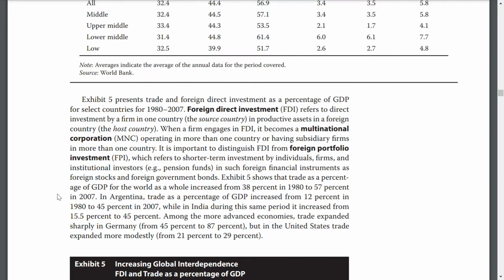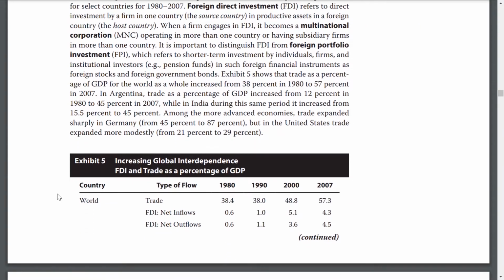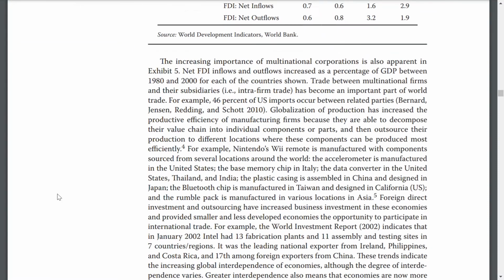In Argentina, trade as a percentage of GDP increased from 12% to 45%, while India during the same period increased from 15 to 45%. Among the more advanced economies, trade expanded sharply in Germany from 45 to 87%, but in the United States, trade expanded modestly from 21 to 29%.